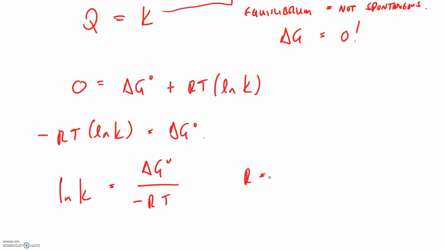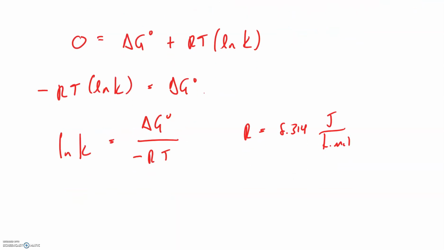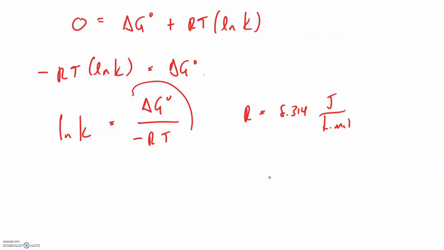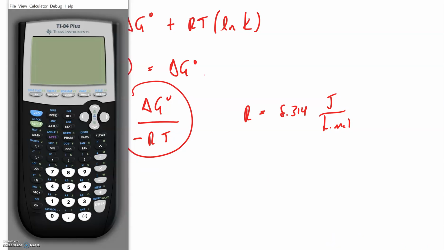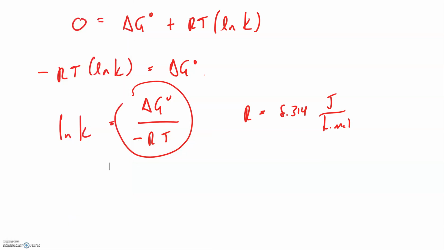Now let's remember that R is always going to be 8.314 joules over Kelvin mole. If we could get this, all we'd have to do is the reverse function of natural log. That's this guy on our calculator, this e to the x. And that would tell us our value of K. That would tell us the size.